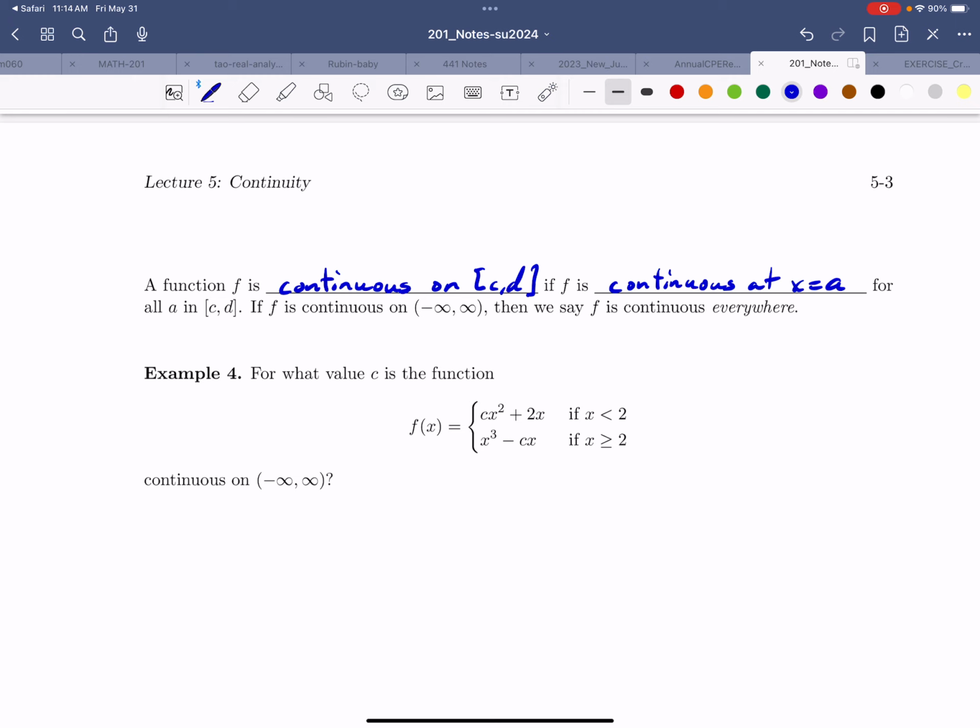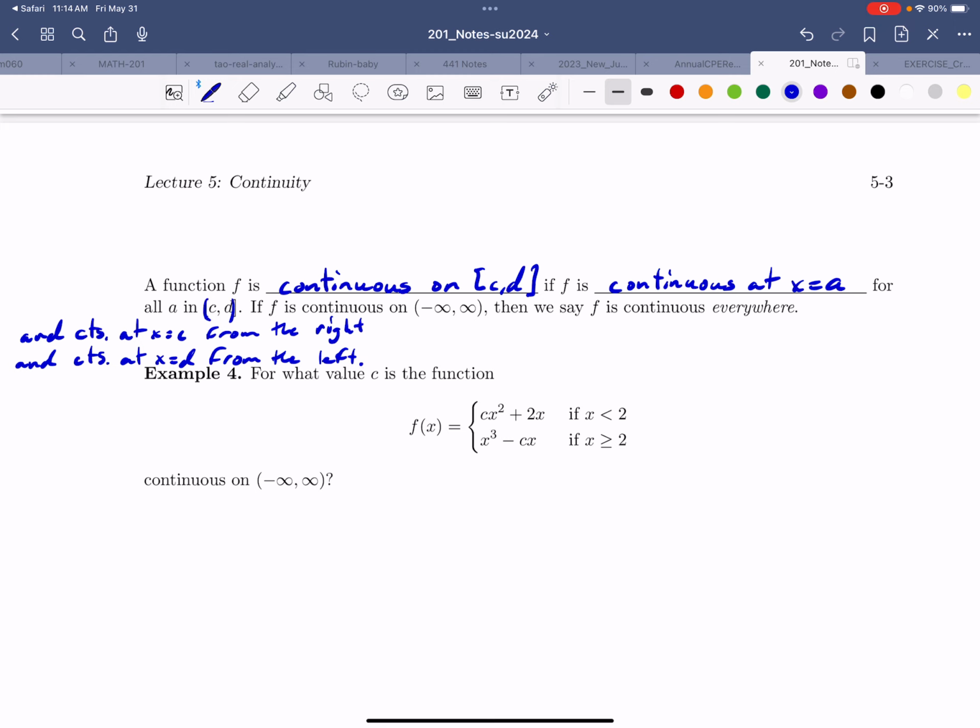Now, technically speaking, I need to be a little bit more careful. I need to say that f is continuous on all a in the open interval and continuous at x equals c from the right and continuous at x equals d from the left, because technically speaking, I can't go to the left of c or to the right of d.